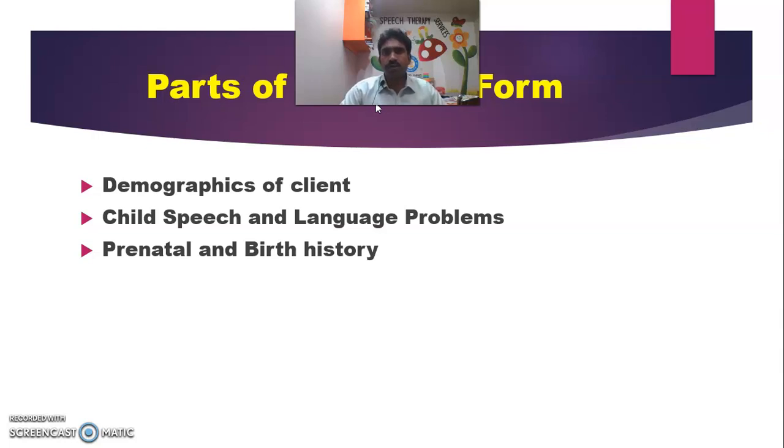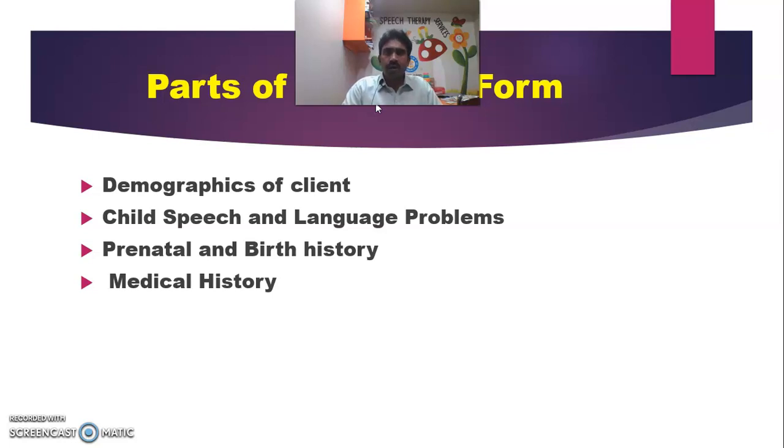After this, medical history: whether the child is taking any medicine, any accident, major hospitalization, and if he was hospitalized, why. Is he taking any medicine, and has the medicine shown side effects or not?